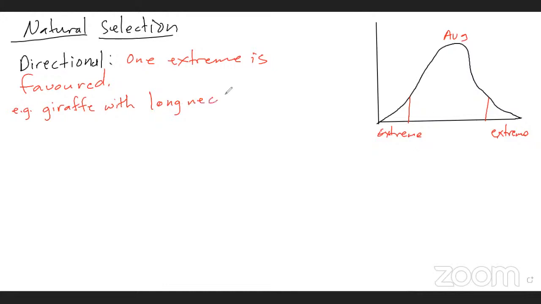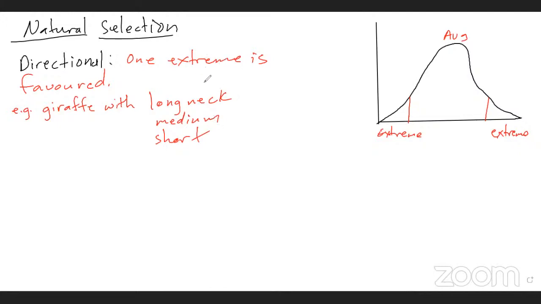Giraffes with long necks, let's say medium, and short necks. So we said that it is favoring one extreme. In this example, if giraffes have tall necks, they can reach high up in the trees. If they are short, they cannot reach it. Medium, to some extent.